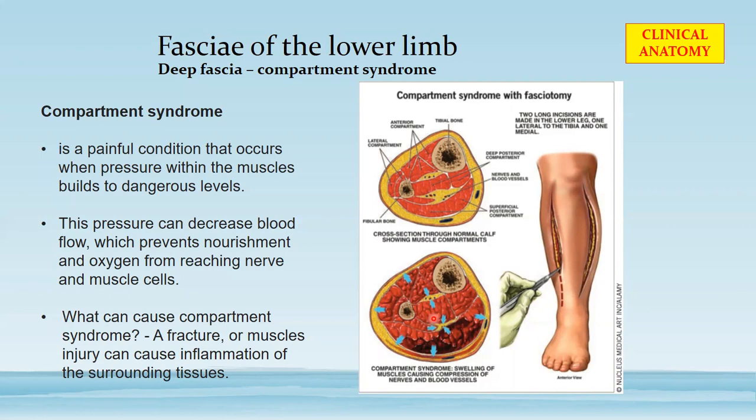So a patient with compartment syndrome is considered an emergency. A surgery known as fasciotomy needs to be done as soon as a surgeon detects compartment syndrome, to prevent further damage to the tissue in this compartment. The fasciotomy is simply the incision of the fascia of the particular compartment.